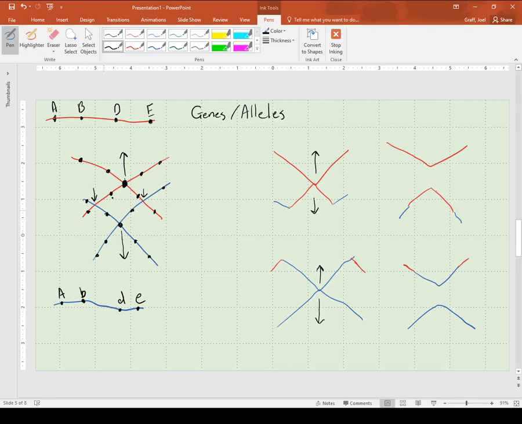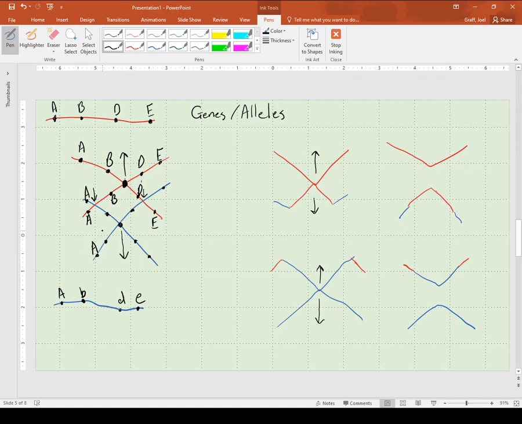Now these red chromosomes here are going to have the same information as this original single linear chromosome because these are sister chromatids, and so if this was a capital A, this one needs to be capital A, and this one needs to be a capital A. This one's capital B, B, B, D, D, E, E. And then for blue, they both had the capital A allele for whatever gene A is.